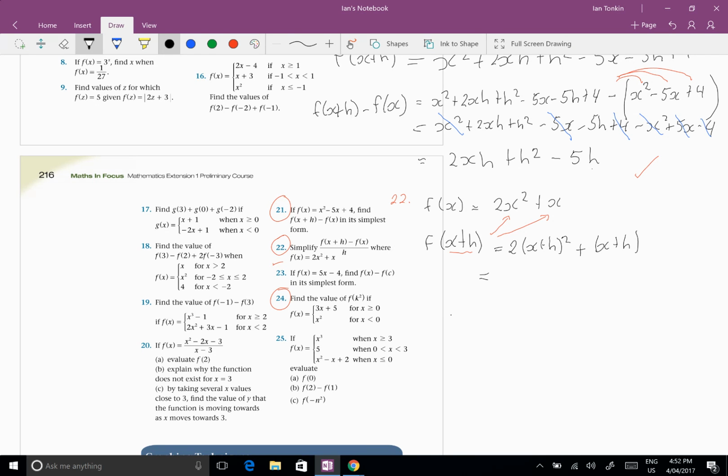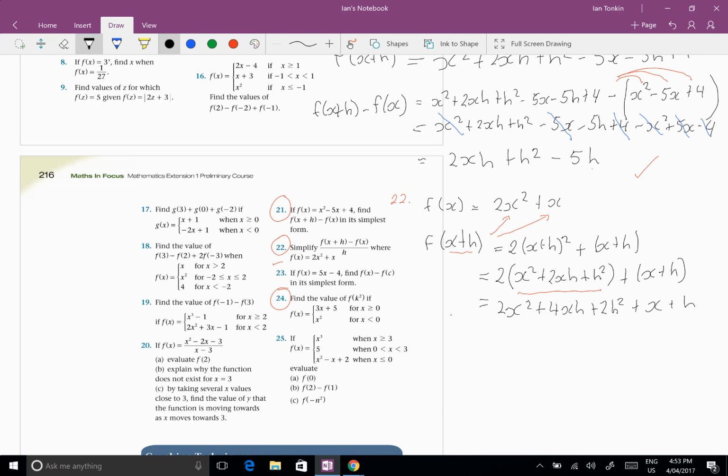Well, I'll just do this x plus h all squared, and I've done that above, so I already know what it is. X squared plus 2xh plus h squared, plus x plus h. I don't need the brackets there, but I'm going to keep them there until I expand this one. I'm going to multiply everything in this set of parentheses by 2, which is really easy. So 2x squared plus 4xh plus 2h squared plus x plus h. Now all the parentheses are gone, and that's what f of x plus h is.